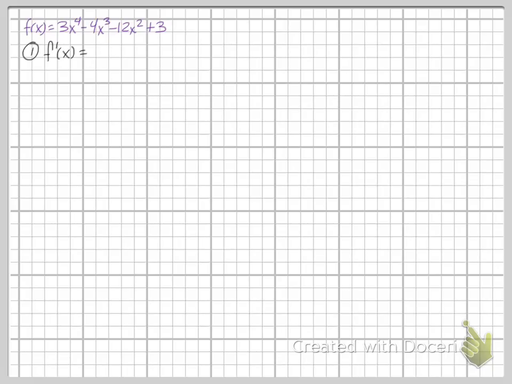The derivative of this function is 12x to the third minus 12x squared minus 24x. The second step was to set our derivative equal to 0. I'm just copying the derivative, and I'm going to set this equal to 0.